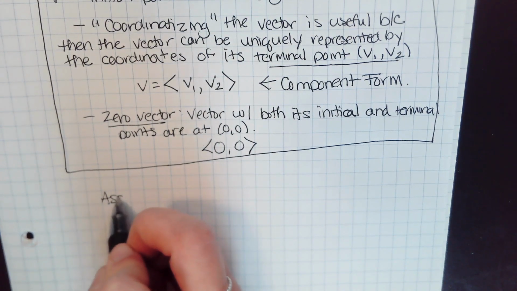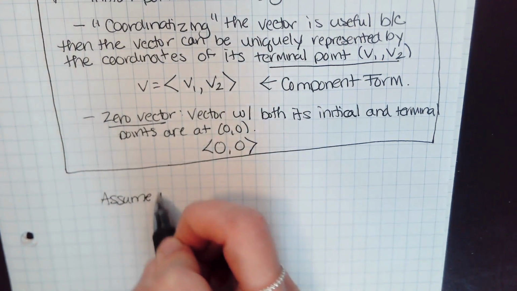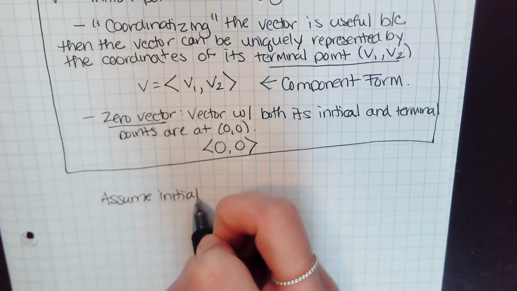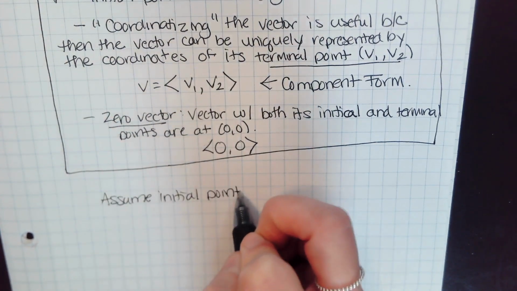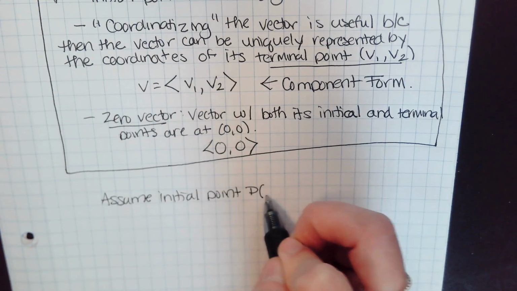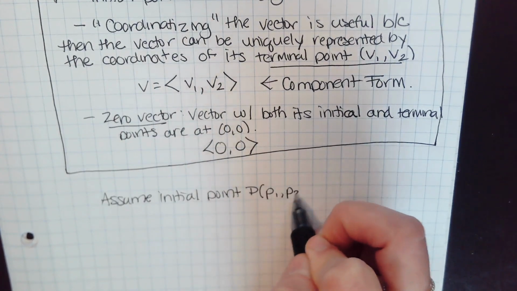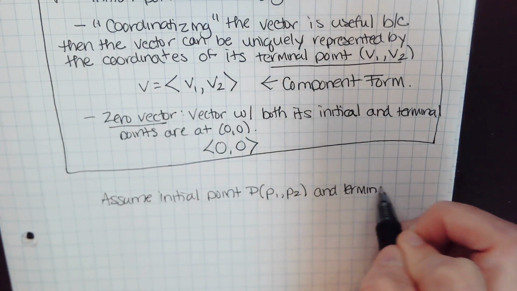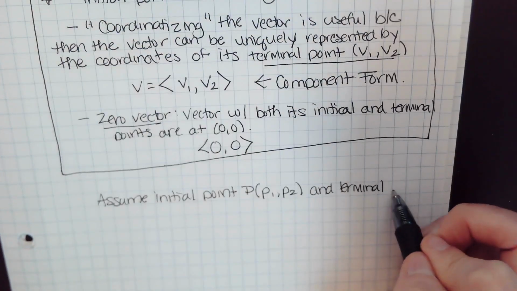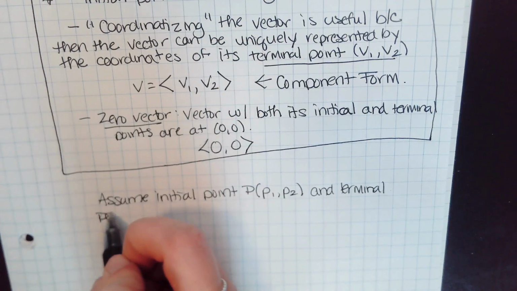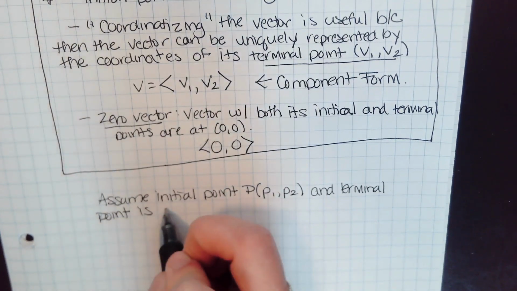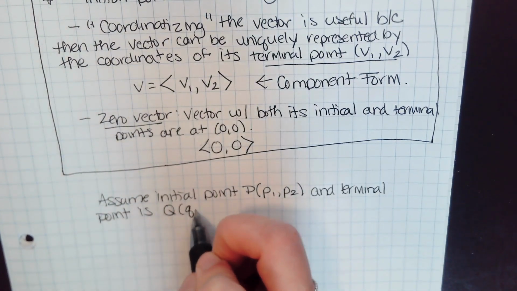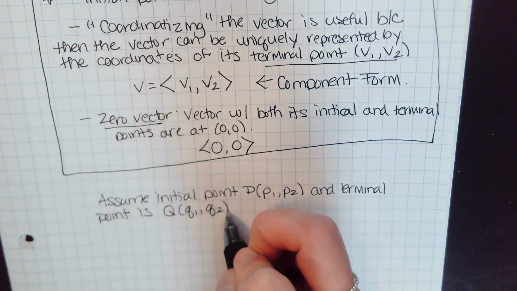We're going to assume the initial point is P, which we'll call P sub 1, P sub 2, and your terminal point is Q, so Q1, Q2.